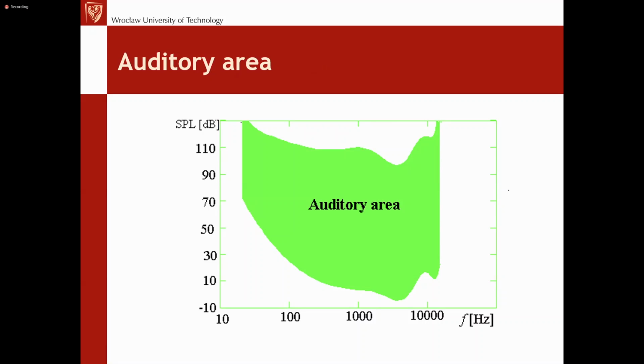Of course, uncomfortable listening, as well as the threshold of pain, are very difficult to measure, because the sensation of people could be different, and we must be very careful to measure this kind of threshold, because of the risk of damage to the hearing organ.